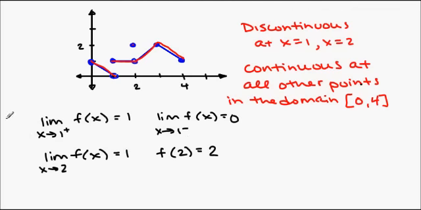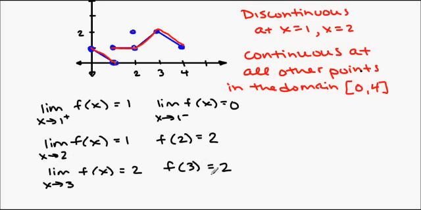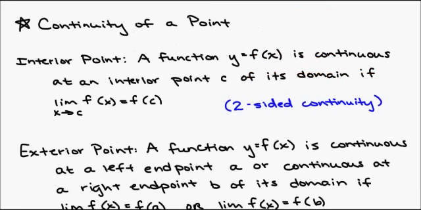It's discontinuous at that point. This is opposed to the limit as x approaches 3 of f of x. We get a 2, and f of 3 also equals 2. So when these two numbers match, the function is continuous at that point.